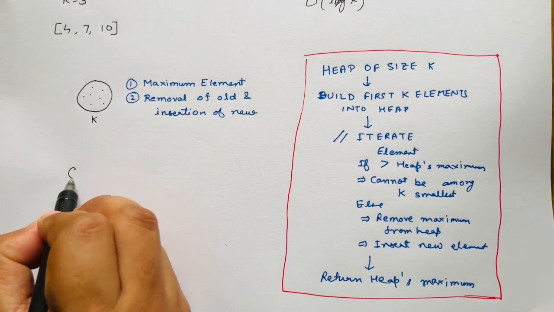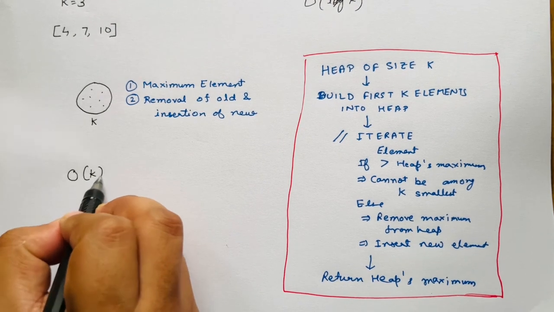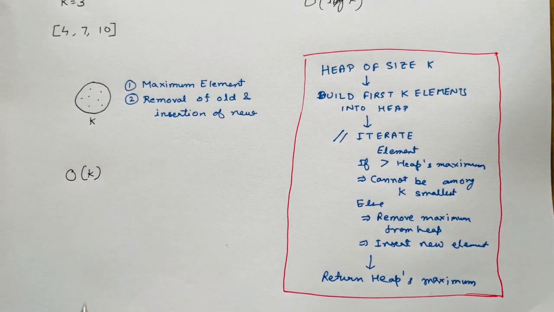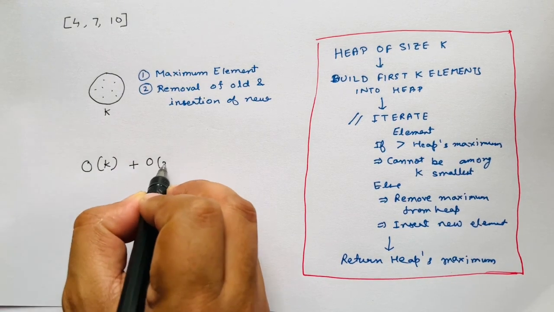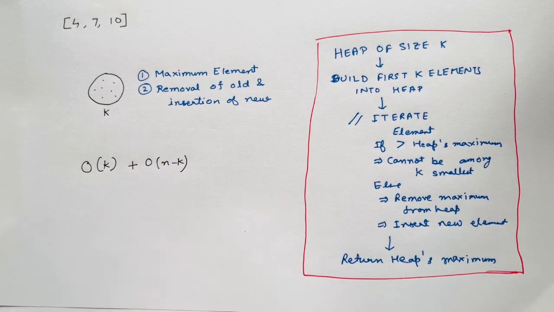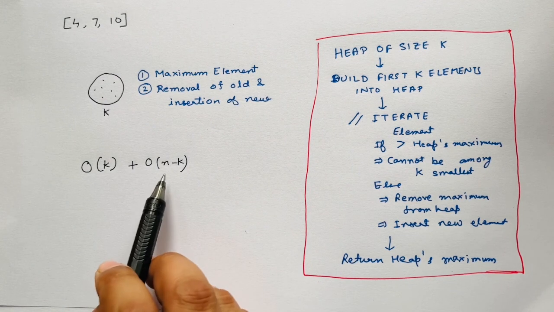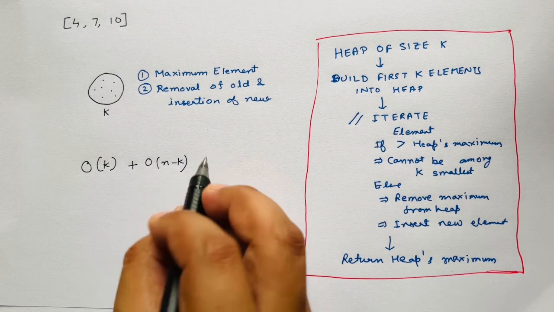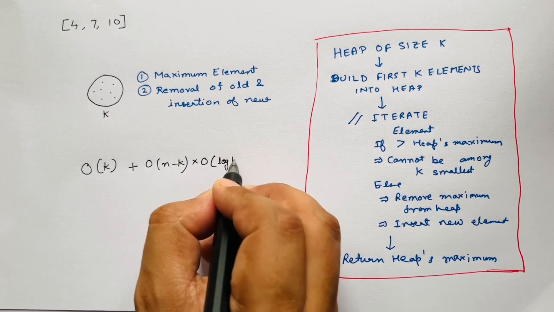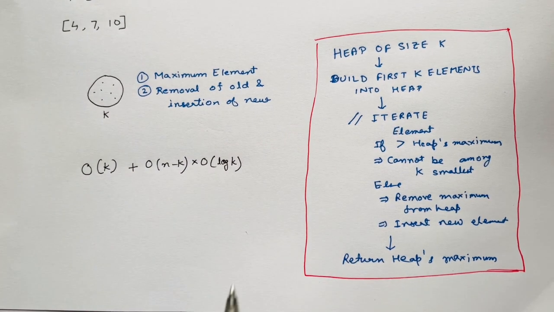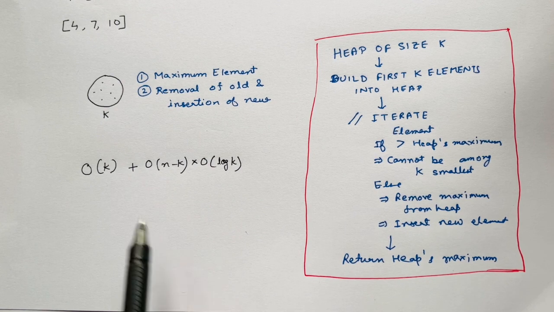Now, what will be the time complexity of this solution? First of all, building the heap with the first k elements will take big O of k. Then we have to iterate over the n minus k elements which are remaining in the array, and for every element we will take big O of log k for the insertion and removal in the heap. So this will be the overall time complexity, which is much lesser than our previous solution.